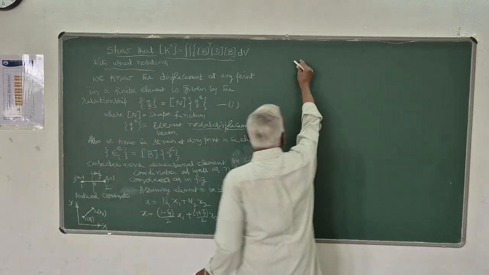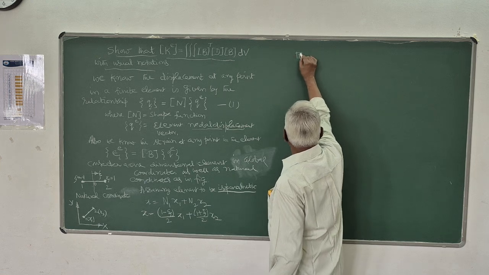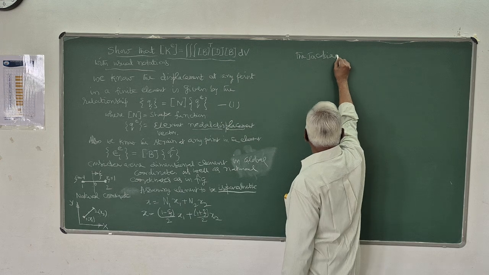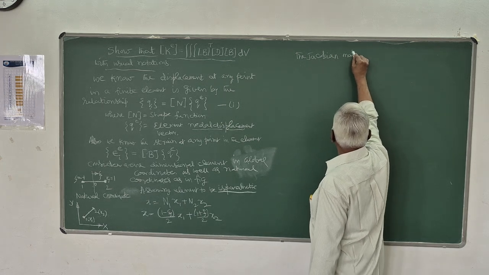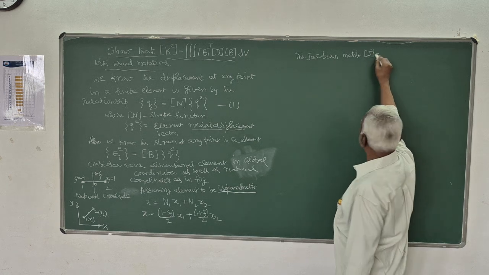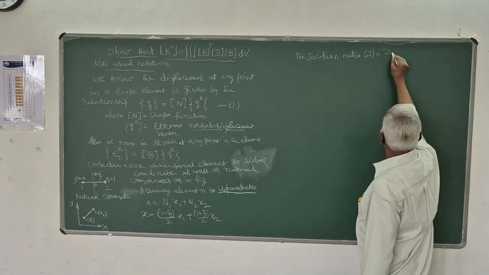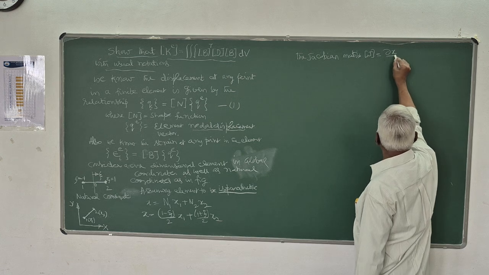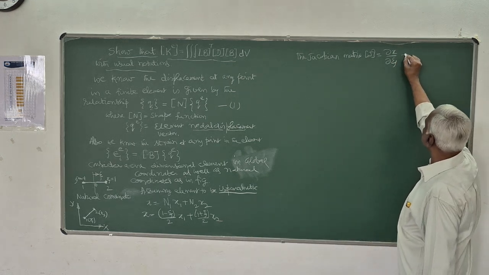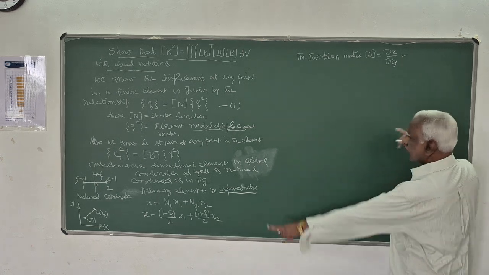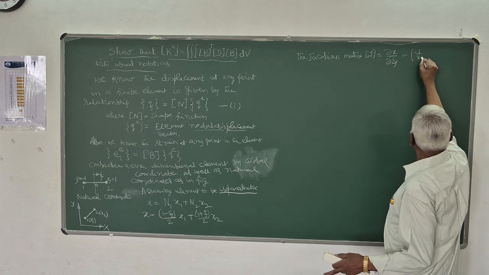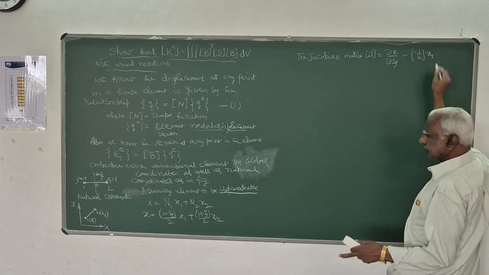So the Jacobian J is nothing but dx by dpsi.